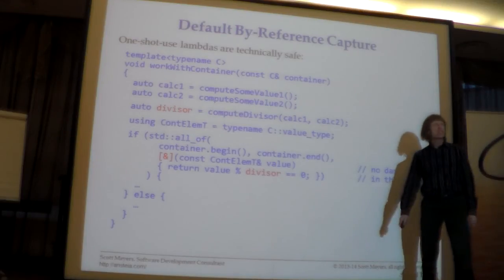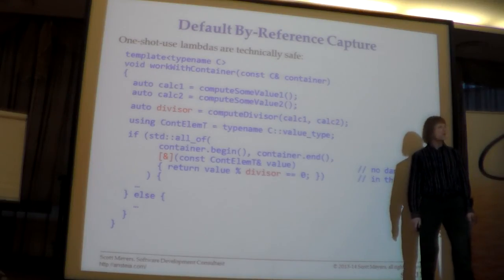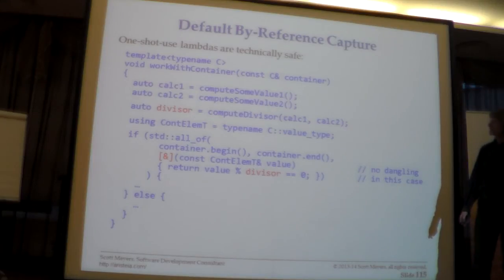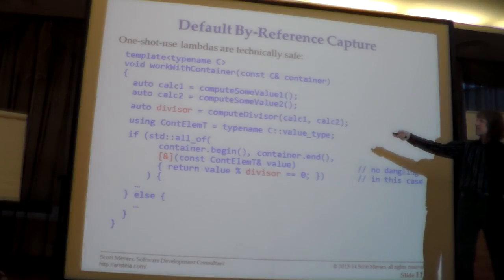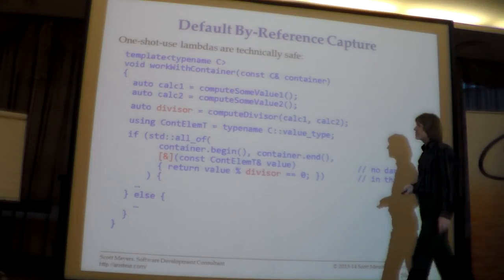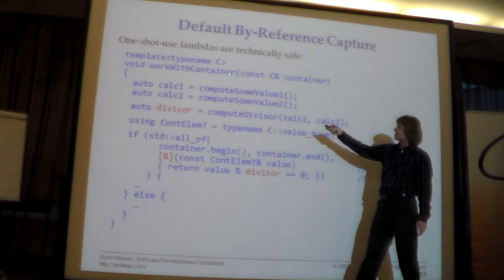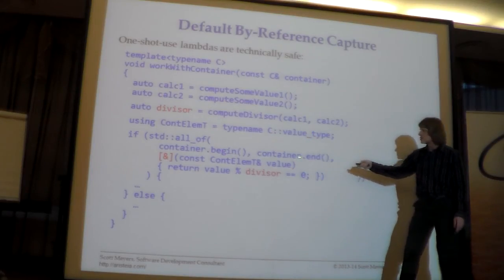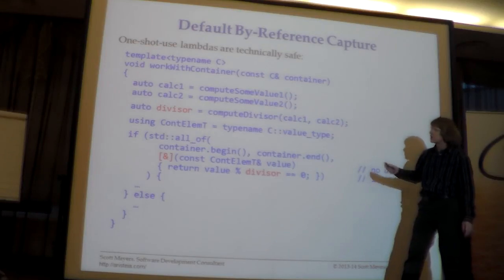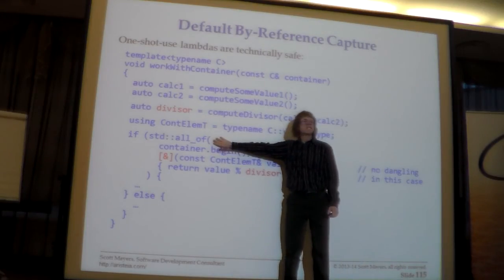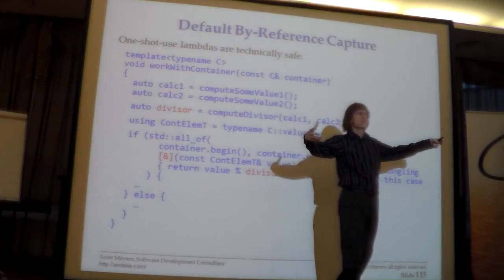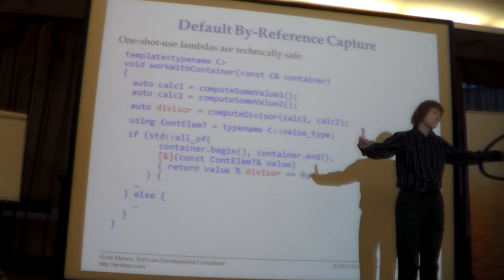Technically, if I'm going to use a lambda at exactly one point in the program, I'm not going to save it, I'm okay. So this is the same code I had before. Basically, do some computations, get my divisor. Now, what I might do inside workWithContainer here is I might say, okay, from the beginning of the container to the end of the container, all_of is a new STL algorithm for C++11. It does exactly what you think it does. It checks to make sure that a predicate returns true for every element of a range.